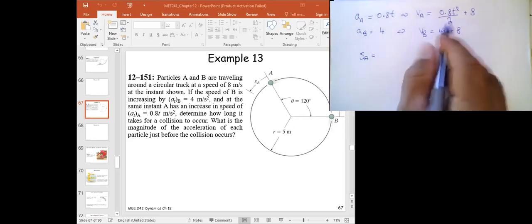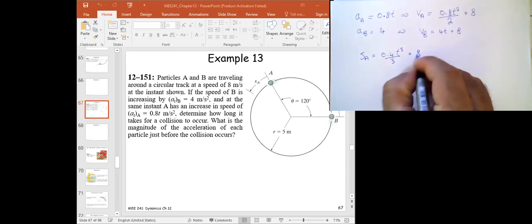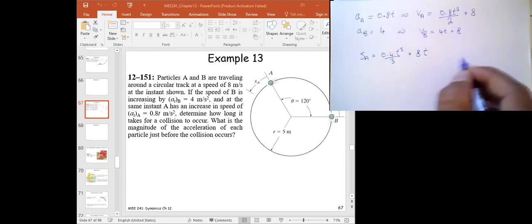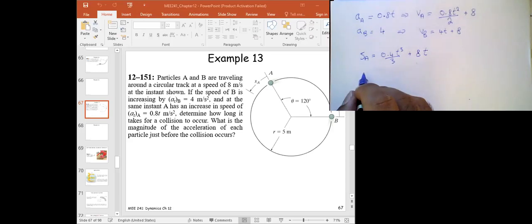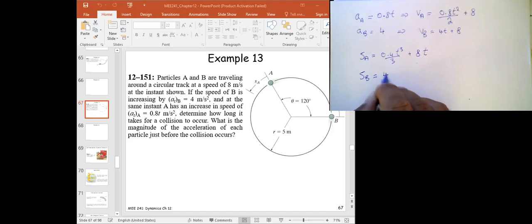So this is 0.4, so 0.4 t cubed over 3 plus 8t, plus the initial position, which is 0, right? Okay. How about SB? I want to integrate this, right? Yes. 2t squared plus 8t. How do I find the time at which they collide?